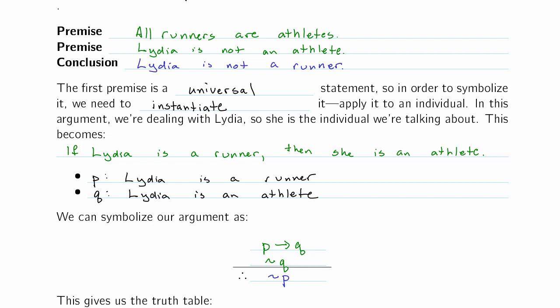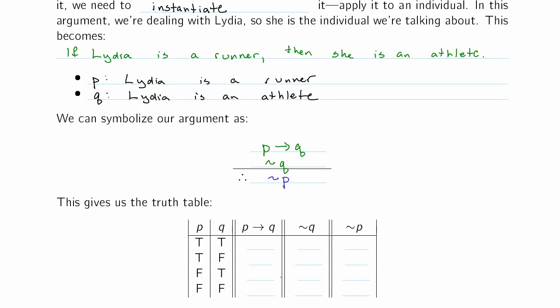Let's analyze that now using a truth table. We'll have a column for the first premise, if P, then Q, a column for the second premise, not Q, and a column for the conclusion, not P. In this case, we didn't need any extra columns in order to get the symbolization for those, because again, each of those combinations only includes one combining symbol, either an if-then or a negation.